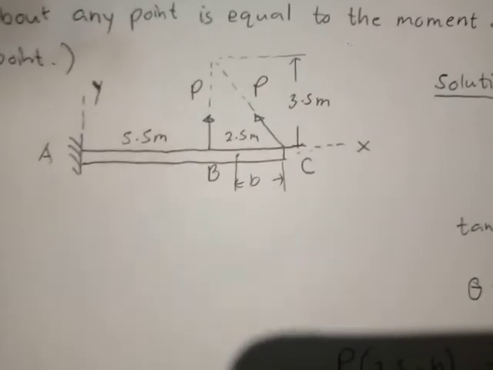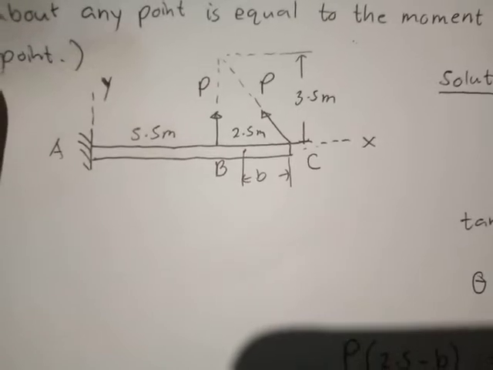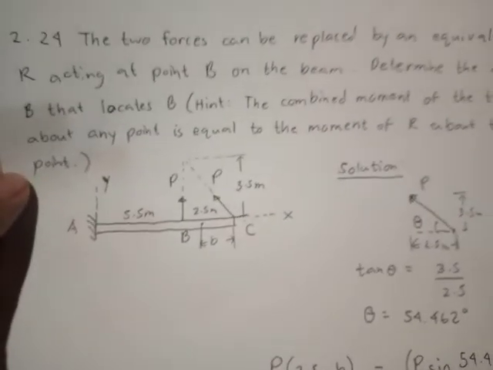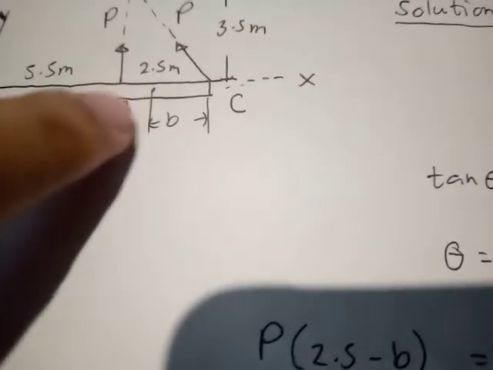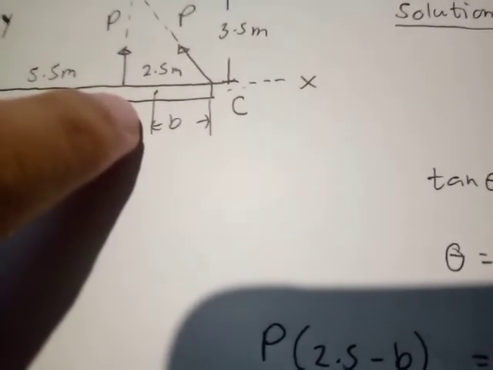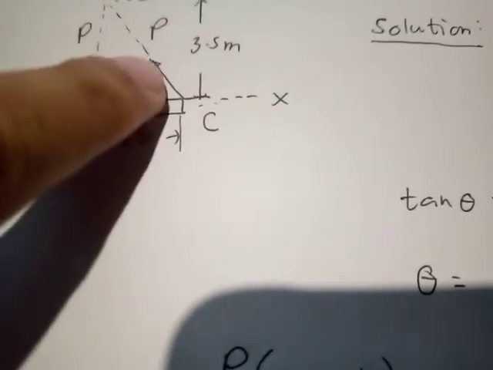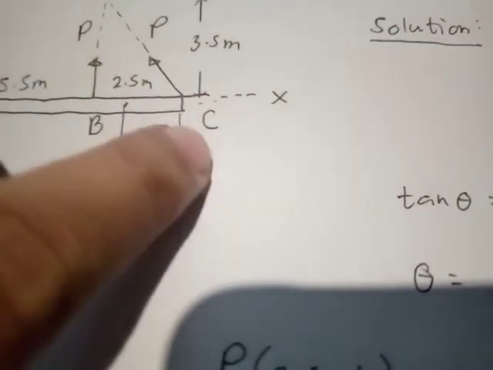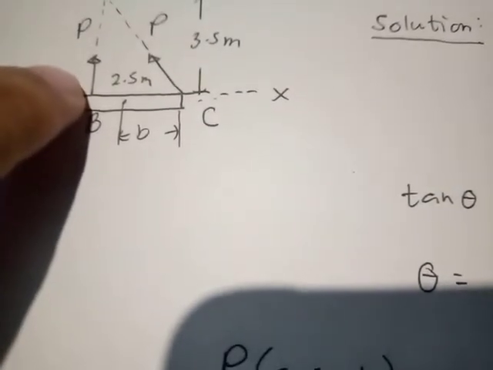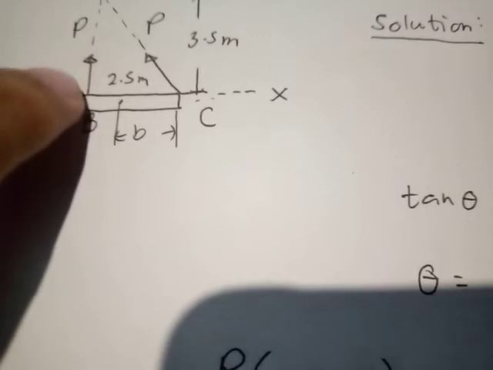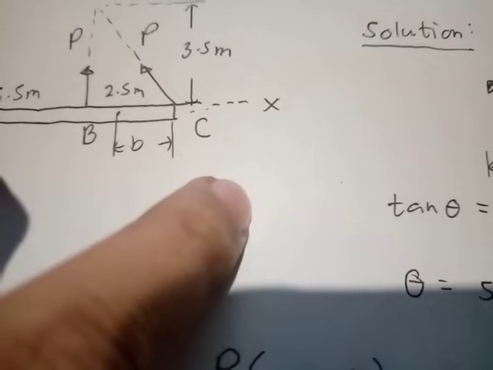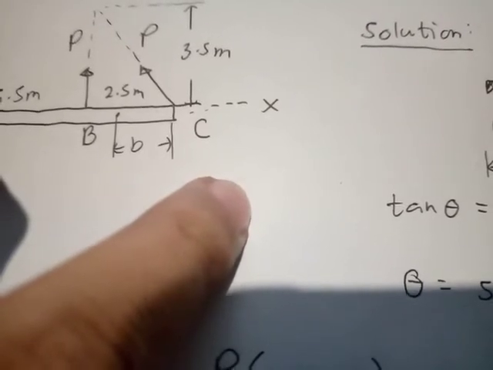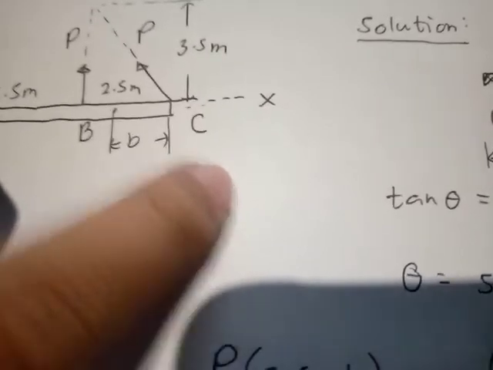Since B is in between, in order to maintain equilibrium, this vertical P relative to B, its moment will counteract the P on the right side. The moment of P on the left side and the moment of P on the right side should negate each other, so they should be equal but opposite in direction, or equivalent to 0.